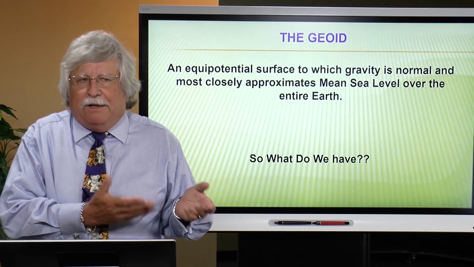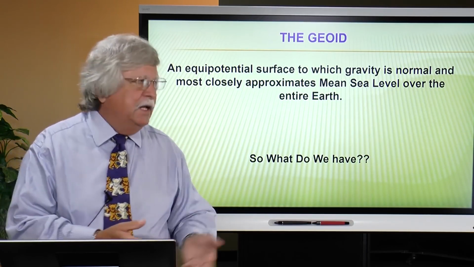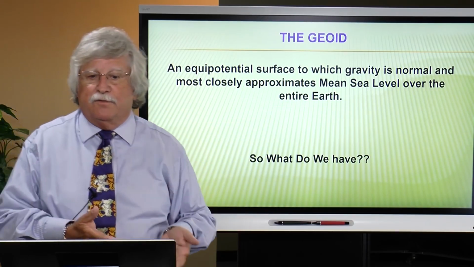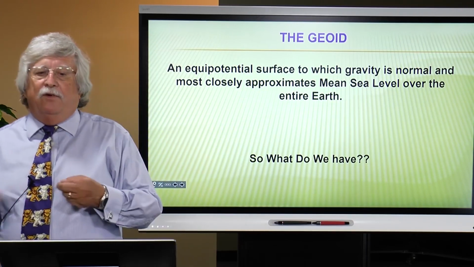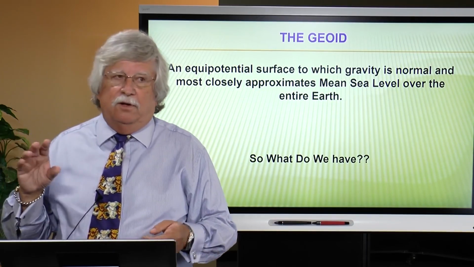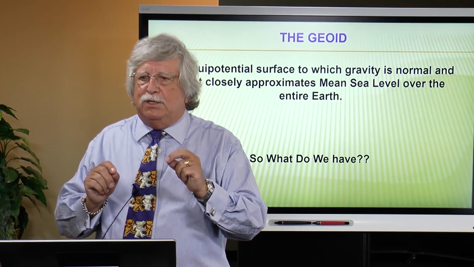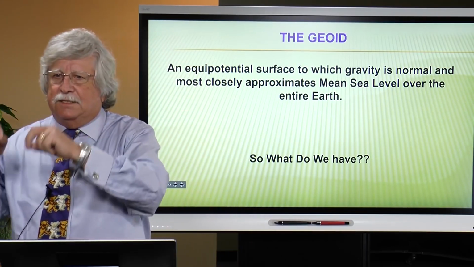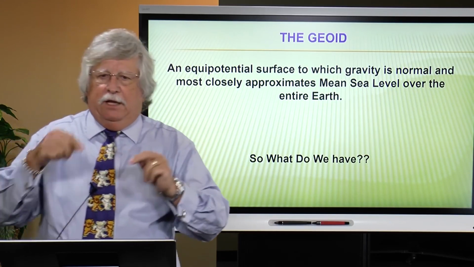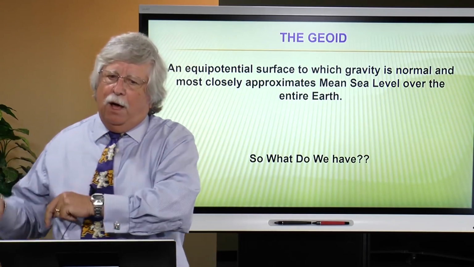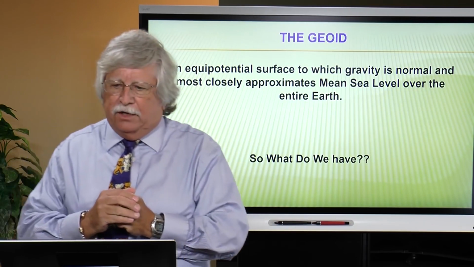Well, it's a fairly simple explanation. It is an equal potential surface to which gravity is normal and very closely approximates mean sea level over the entire Earth. An equal potential surface is one in which the potential of gravity is the same everywhere. That means water does not flow along an equal potential surface.